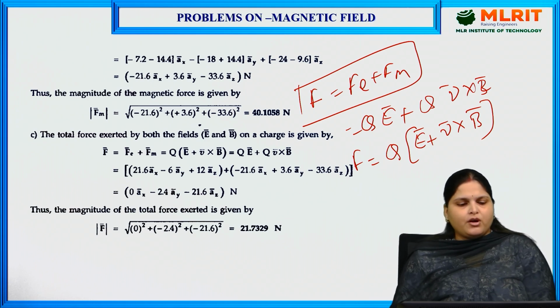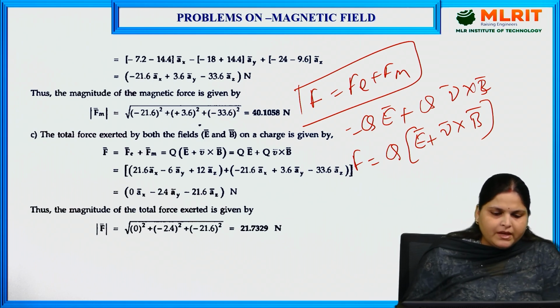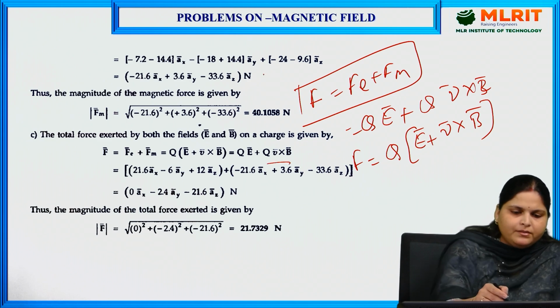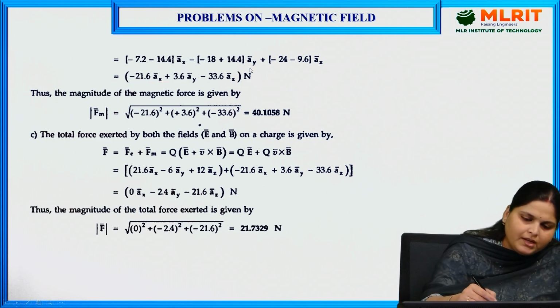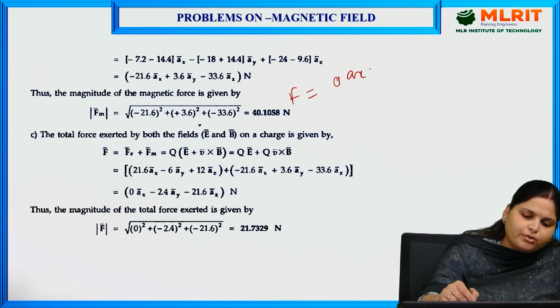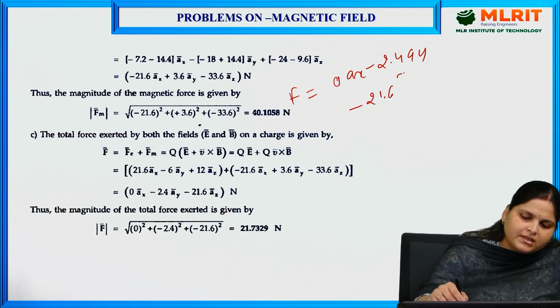So V cross B, the cross product, we have already calculated here. So directly we can put it into this formula, and on further solving it becomes 0 aX minus 2.4 aY minus 21.6 aZ Newton.